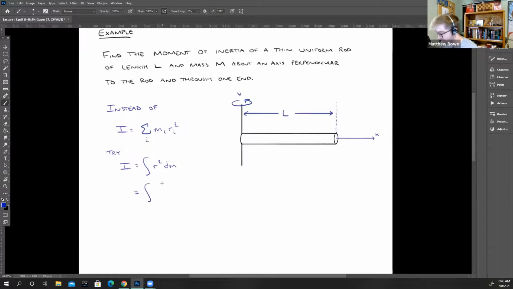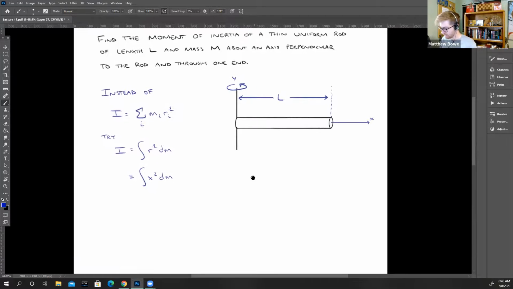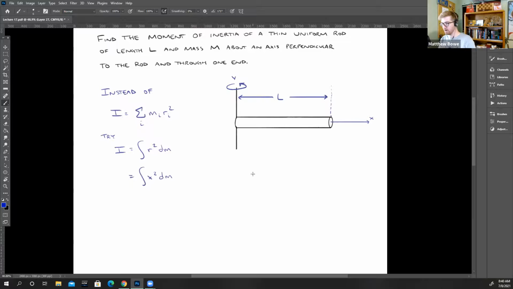So I'm just going to rewrite the equation like this to fit the picture. Okay, so let's take a little sliver of this object. Let's cut a little slice out of this object, and I'm going to look at it.